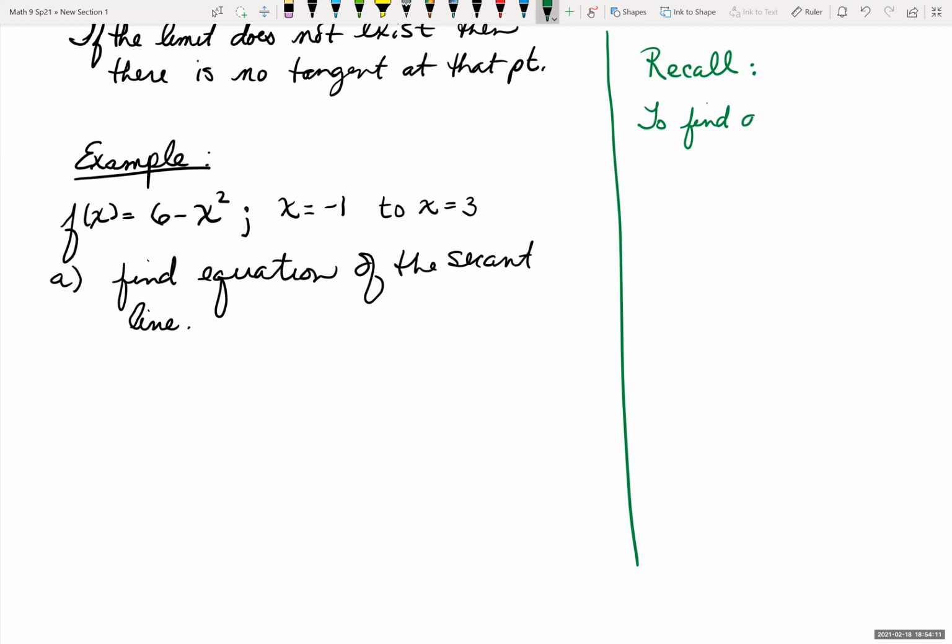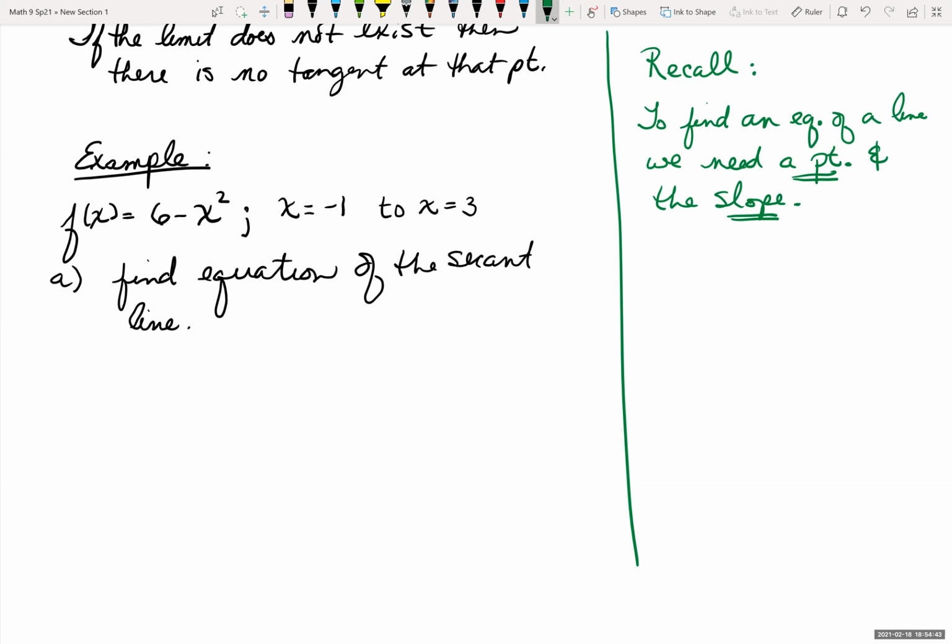So to find an equation of a line, and I call it just EQ for short, we need a point and the slope. And once you have a point and you have the slope, then we can find the equation of the line.